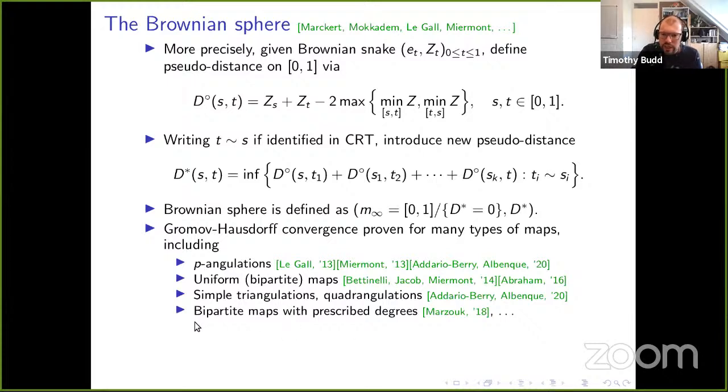What I'd like to emphasize is that it has been proven for many types of planar maps, including p-angulations, uniform maps, simple triangulations, quadrangulations, and many more families, that they possess a Gromov-Hausdorff limit in terms of this Brownian sphere, after renormalizing distances by the 4th root of the size of the map.